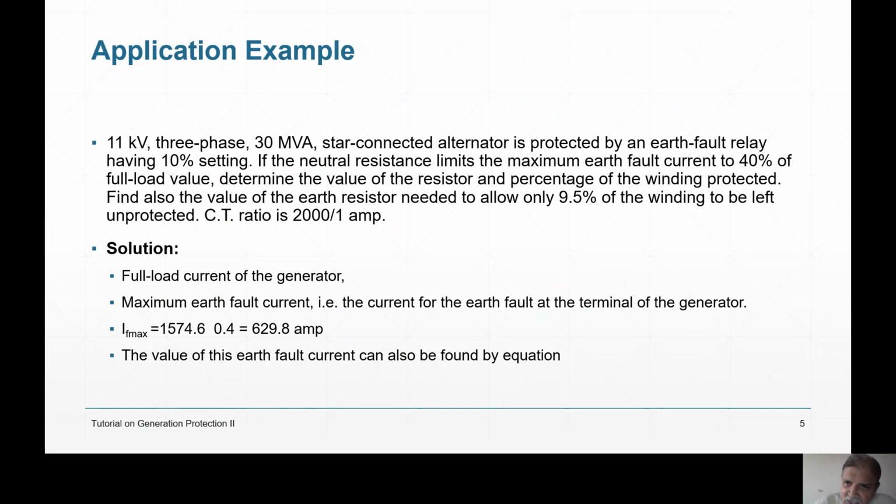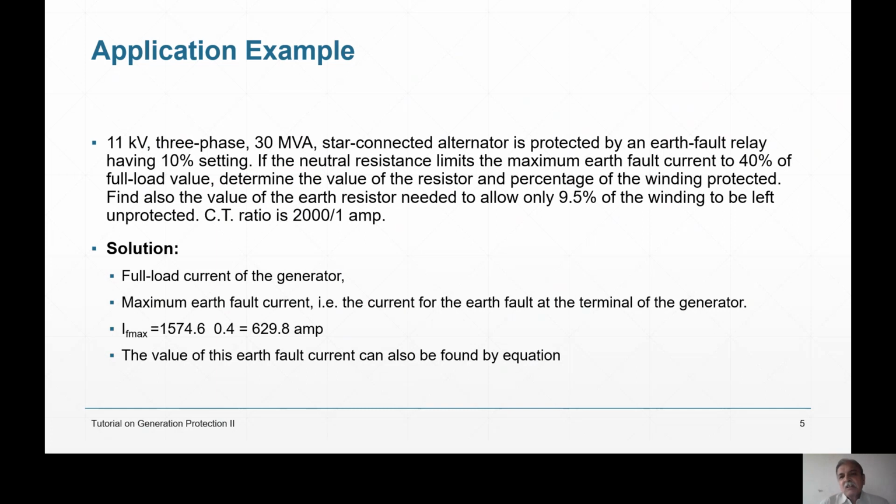Determine the value of the resistor and the percentage of the winding protected. That is another disadvantage, that we will not be able to protect the full winding, and that is what we want to prove. Find also the value of the earth resistor needed to allow only 0.5% of the winding to be left unprotected.